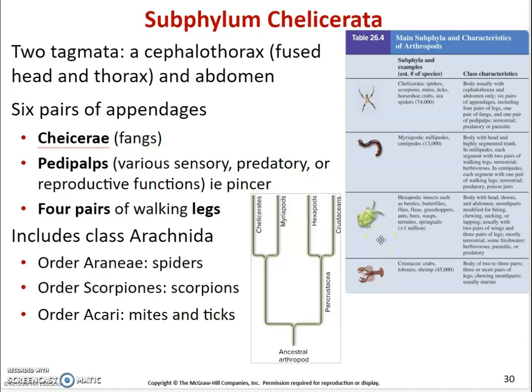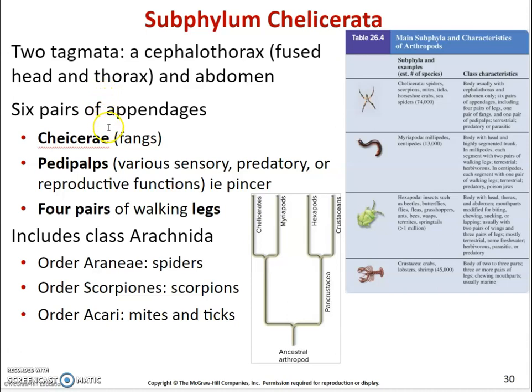We also see Chelicerata as a subphylum, and these are spiders or things with pinchers, right? And so they have two tagmata. They have a cephalothorax, which is a head and thorax in one, and then they also have an abdomen.